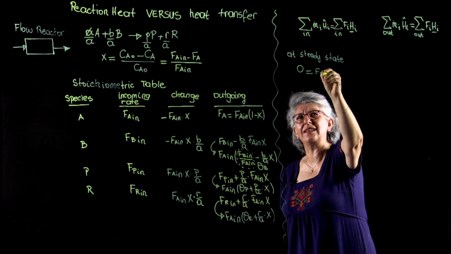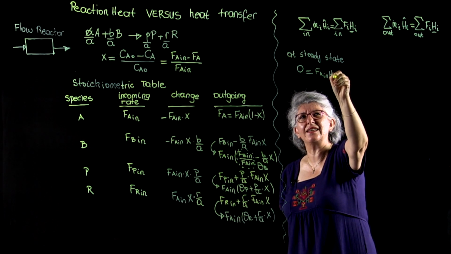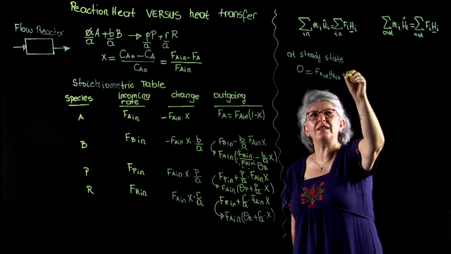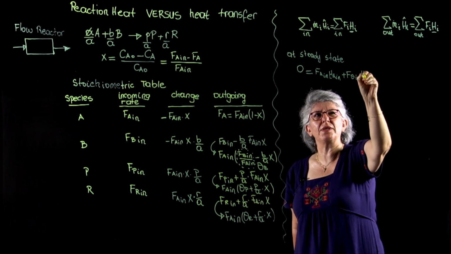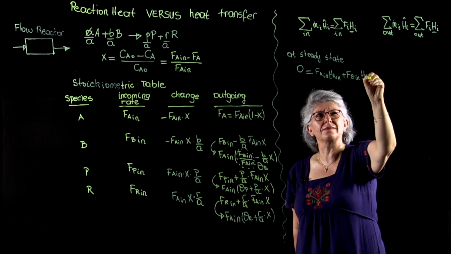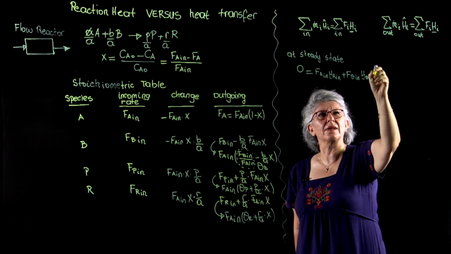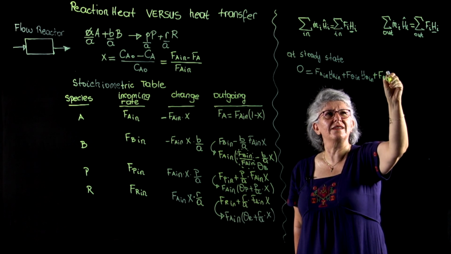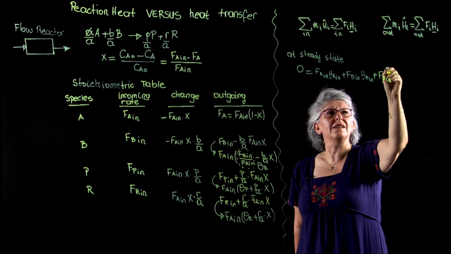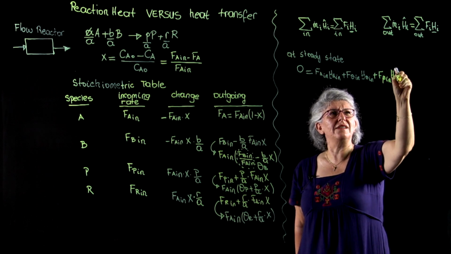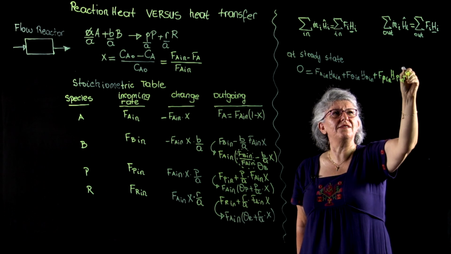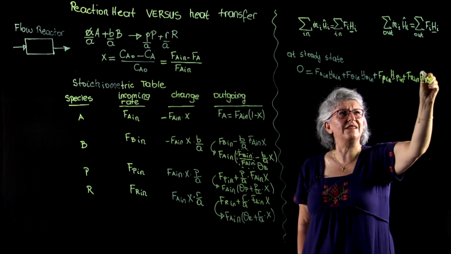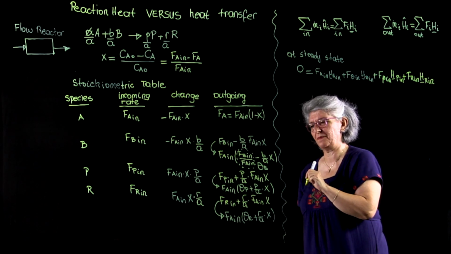Fa in Ha in plus Fb in Hb in plus Fp in Hp in plus Fr in Hr in. So this is the incoming stream.